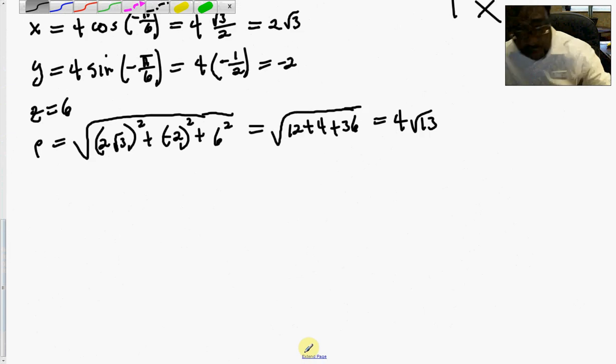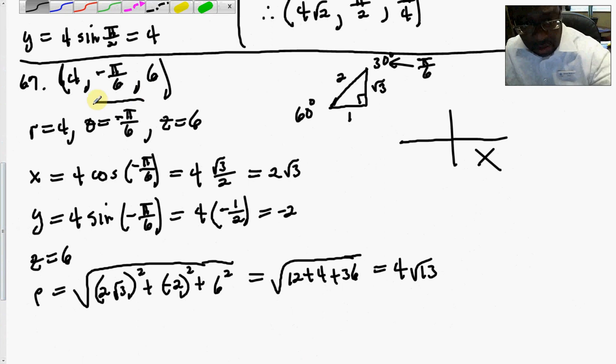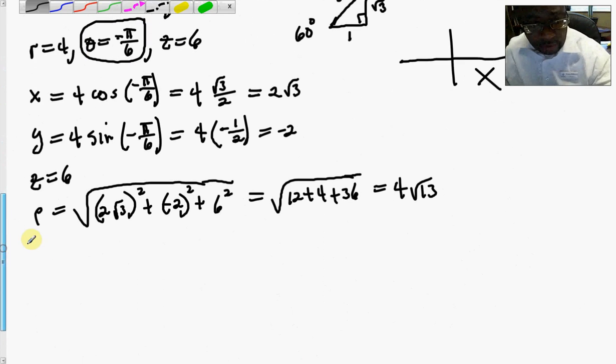And that's for rho. Actually, rho is the square root of 52, so that's the square root of 4 times 13. The square root of 4 is 2. So this is 2 times the square root of 13. So we have rho, we're given theta there, and so now all we need is phi. We get phi from cosine.